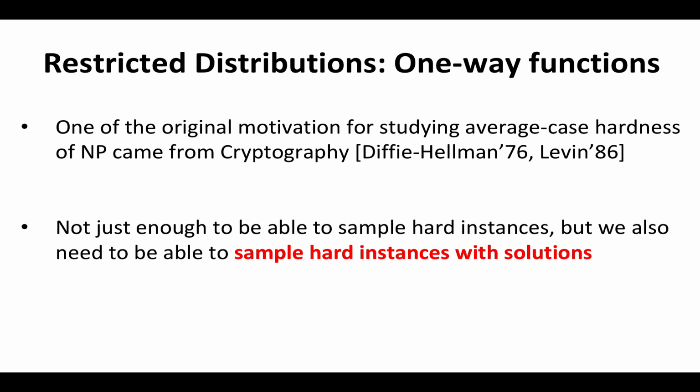All right, so now the second class of restriction we're going to look at is, instead of restricting a class of NP problems, we're going to restrict the class of distributions. Okay? In fact, one of the original motivations for studying average case complexity came from cryptography. And in cryptography, it's usually not enough to just say there exists some distribution that's hard on average, but we also require it to be possible to sample these hard instances together with a solution, right?